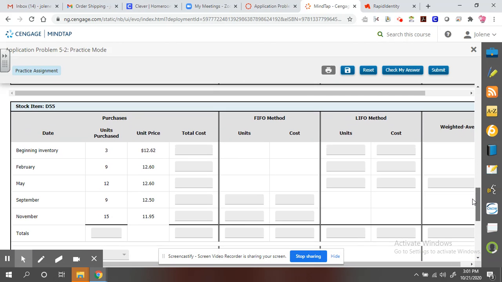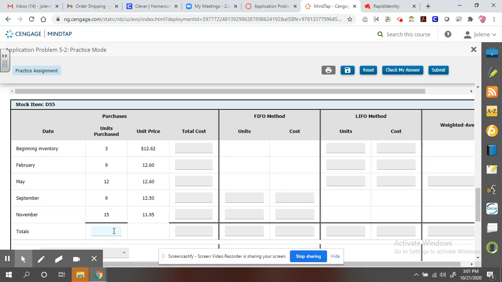All right, going to object number 3, or the D55. First, we're going to add the column, how many we had total. 48.